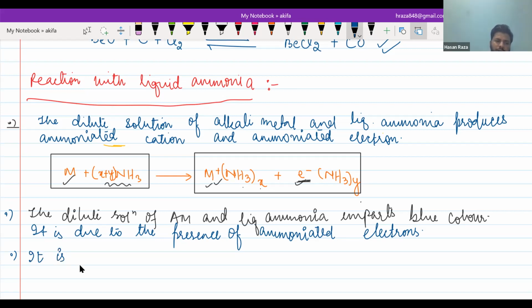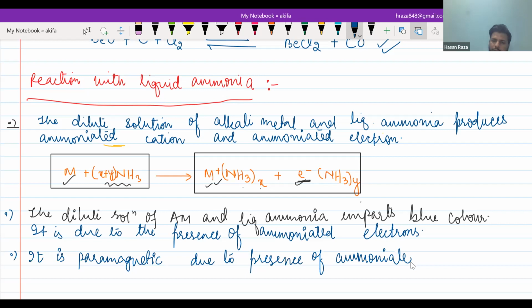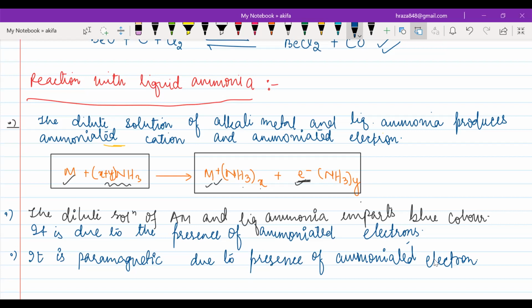So I'm going to write: it is paramagnetic due to the presence of ammoniated electron. Just write it. Done. Very good.